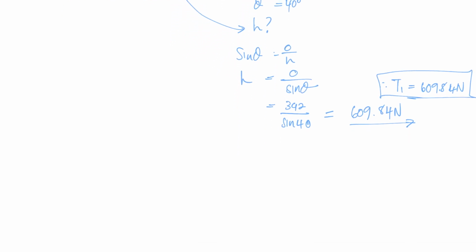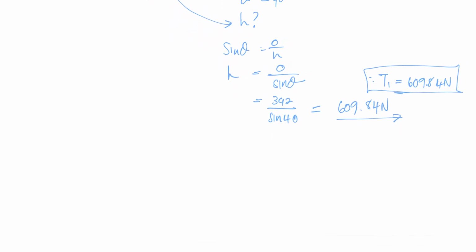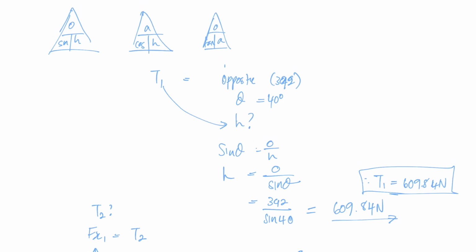Done. Right. The next thing that you need to sort out is T2. Now we know that Fx1 is actually equal to T2. As the object's not moving, the adjacent is equal to the adjacent because of equilibrium. So instead of solving for T2, you're going to solve for Fx1. Now, if that's an adjacent, all I know is that cos theta is equal to adjacent over hypotenuse.